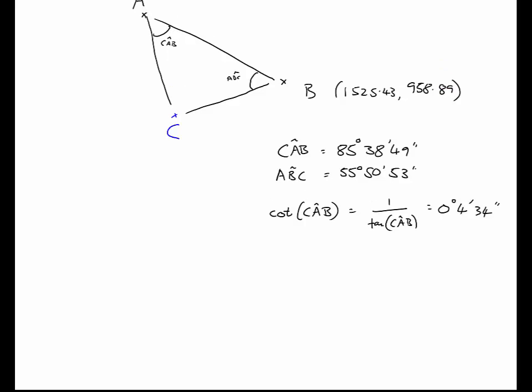I could do the same with cot of ABC, which is 1 over tan ABC. So 1 over tan 55 degrees, 15 minutes, 53 seconds. And that's 0 degrees, 40 minutes, 42 seconds.